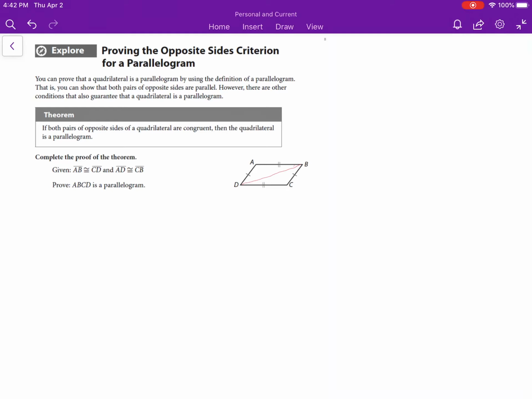That is DB. And we know that DB is congruent to DB by that reflexive property, which says something is congruent to itself.